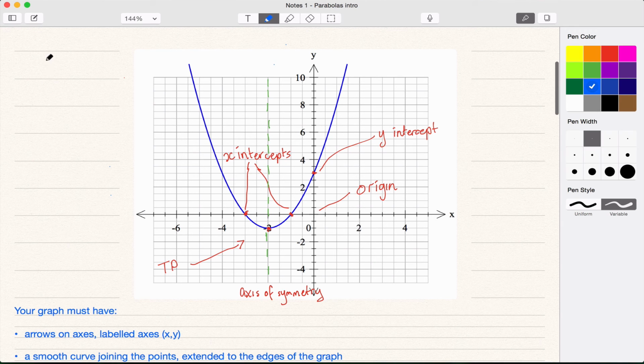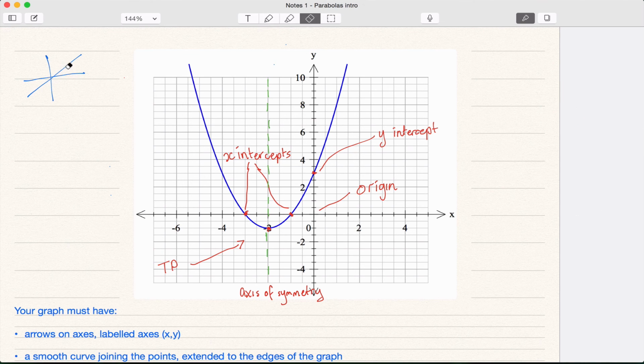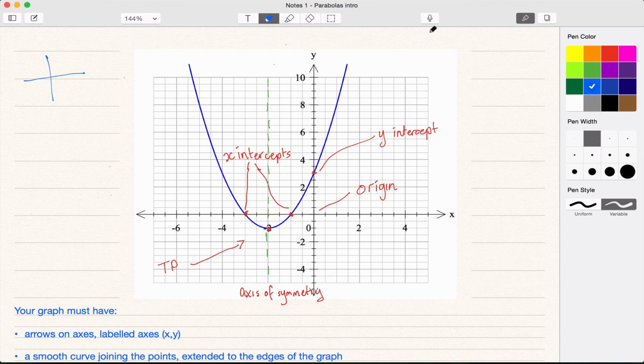When we had our linear graph, we only had one x-intercept and one y-intercept. Let me draw a better version of that. There we go. One x-intercept and one y-intercept. A parabola is a curve that goes down and comes up again, and it can have two x-intercepts.